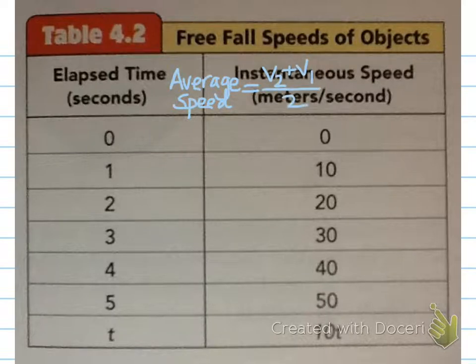2. So when I go from 0 to 1, I add 0 plus 10, which is 10, divide that by 2, which is 5. So my average speed during my first second, okay, is 5 meters per second.